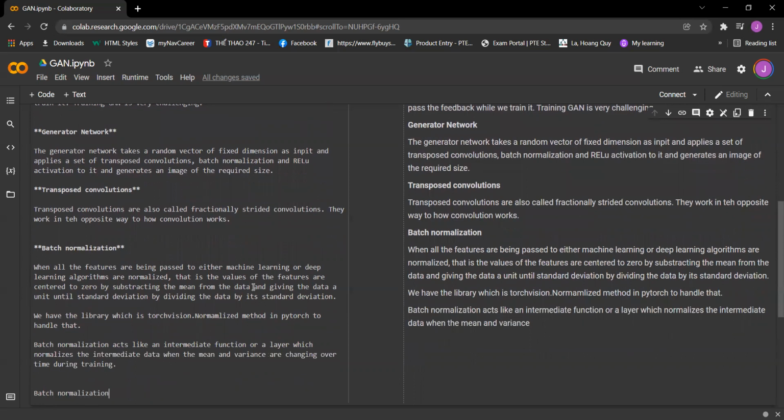So batch normalization behaves differently during training, validation, and testing.